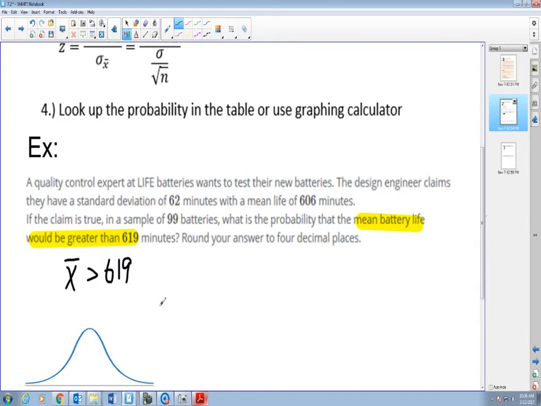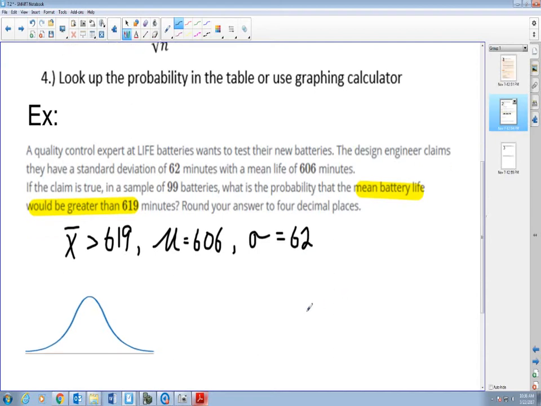So when we take a sample of 99 batteries, what's the probability that those 99 batteries will have a mean battery life greater than 619 minutes? The mean of the population is 606. The standard deviation of the population is 62 minutes.